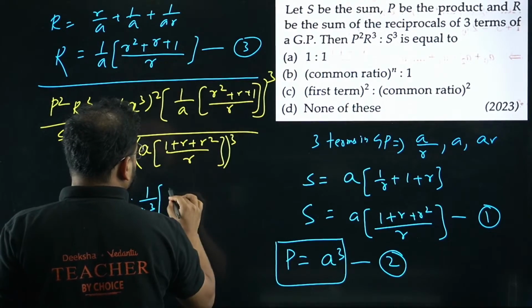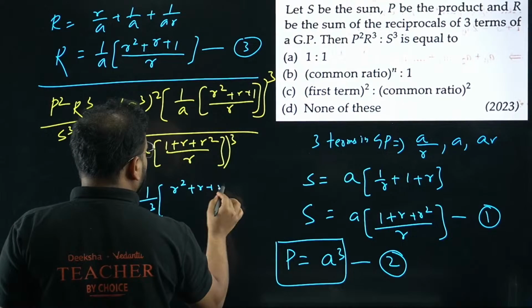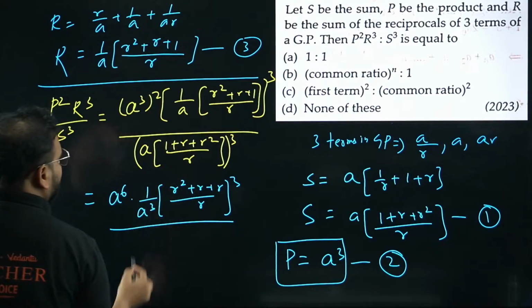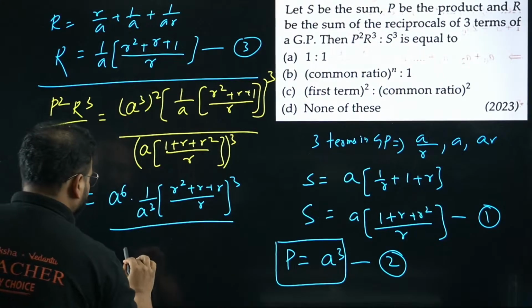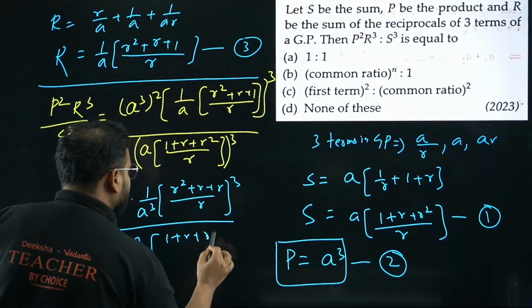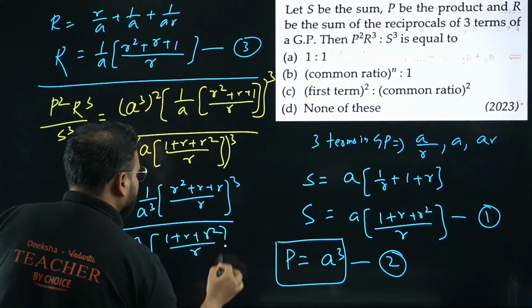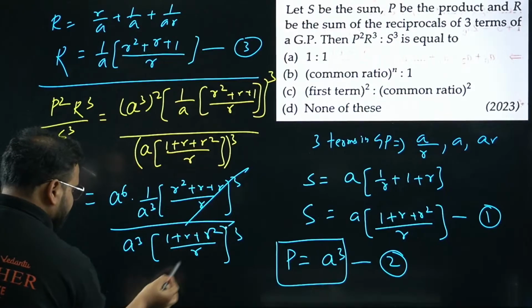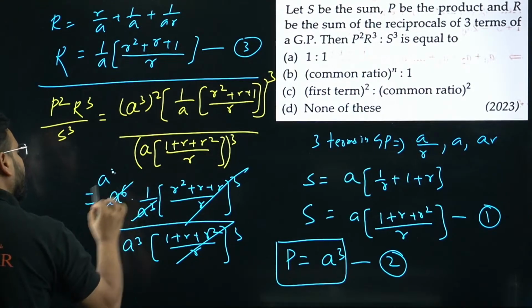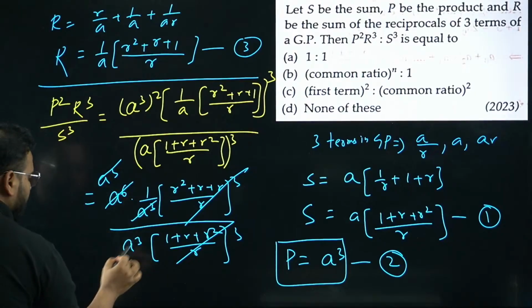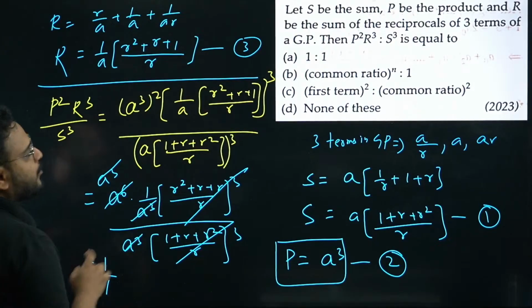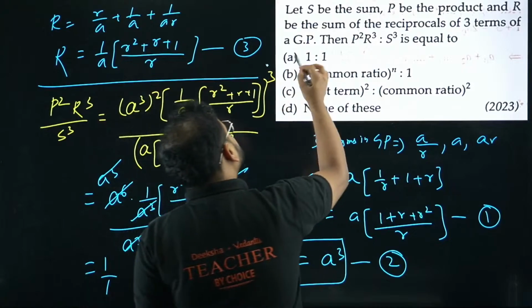This will be written as it is, R square plus R upon R, the whole cube, divided by A cube one more time, and this will be the same thing, 1 plus R square by R, the whole cube. So A cube will cancel with A6. I'll have A cube by A cube left. Answer is 1. So ratio is 1 by 1, right? Only 1 is left. Option is A.